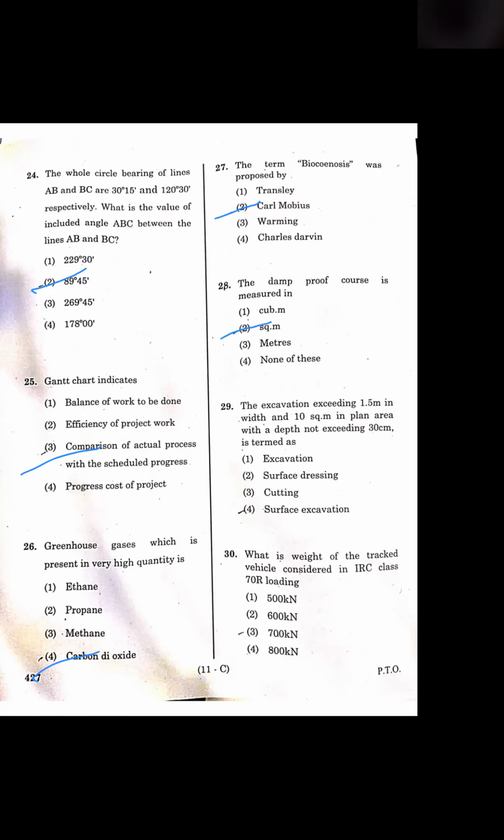The excavation exceeding 1.5 meter in width and 10 square meter in plan area with a depth not exceeding 30 centimeters is termed as surface excavation. What is the weight of the tracked vehicle considered in IRC Class 70R loading? It is 700 kilonewton.